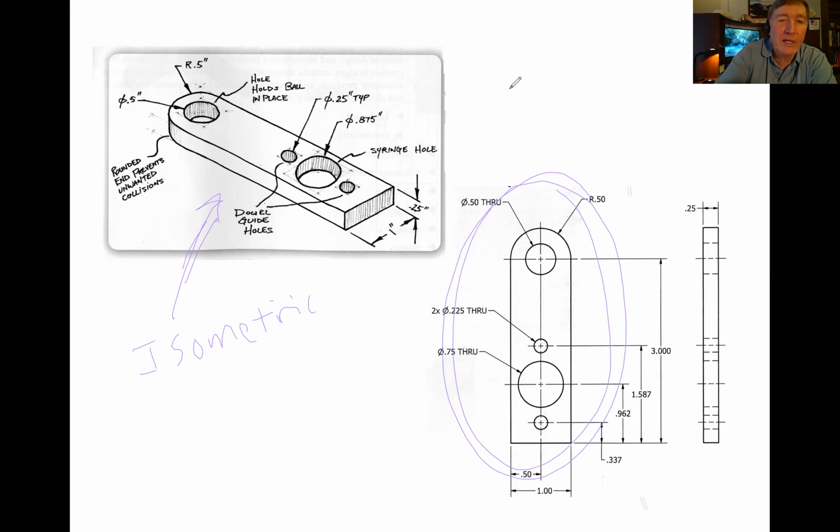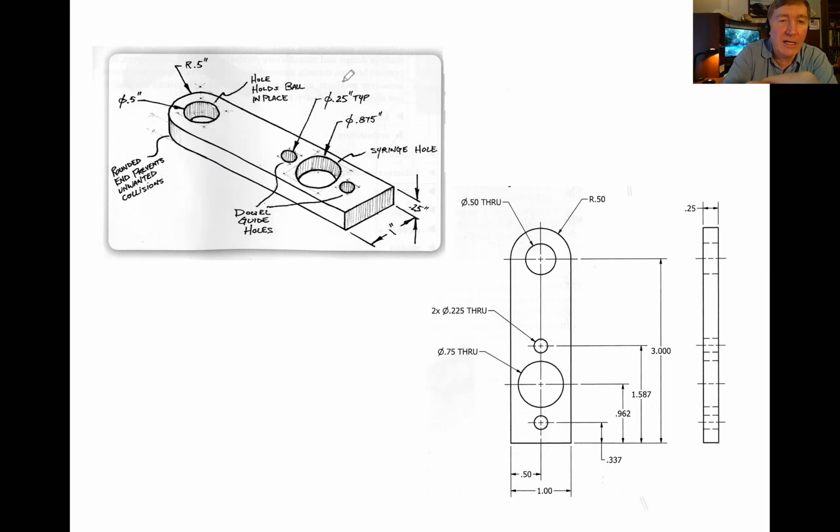But when I look at this, I can say, okay, so I've got a piece here. I don't know if it's wood or metal, but I've got a piece of something here, and I can see that it's got two large holes right there, and two smaller holes right here, and that it's rounded on this end and flat on this end.